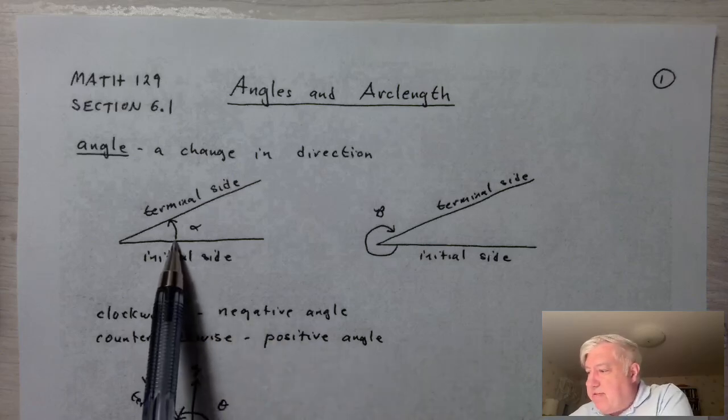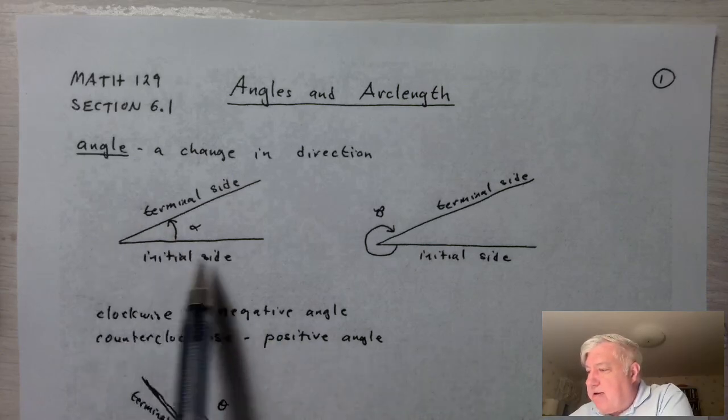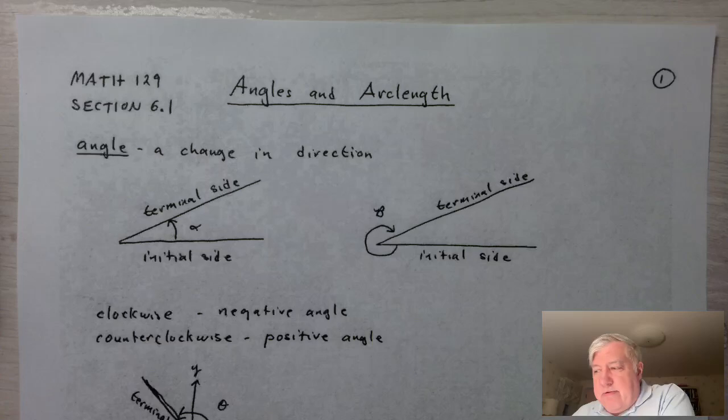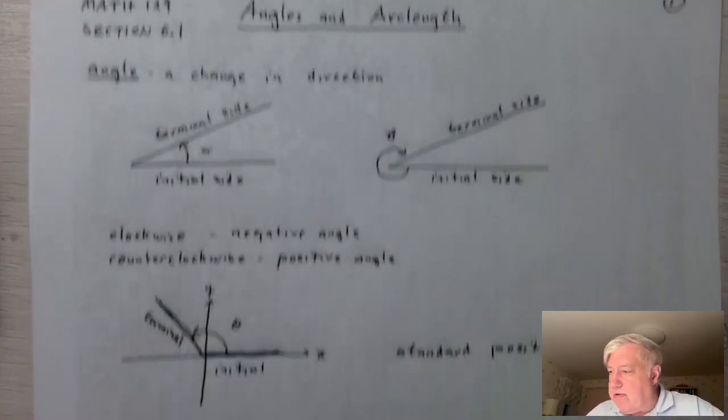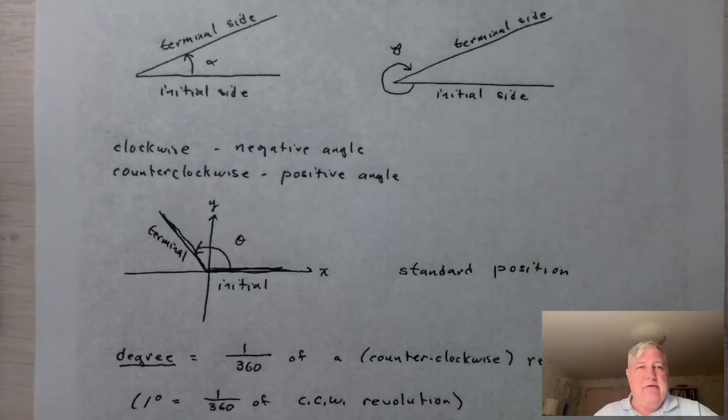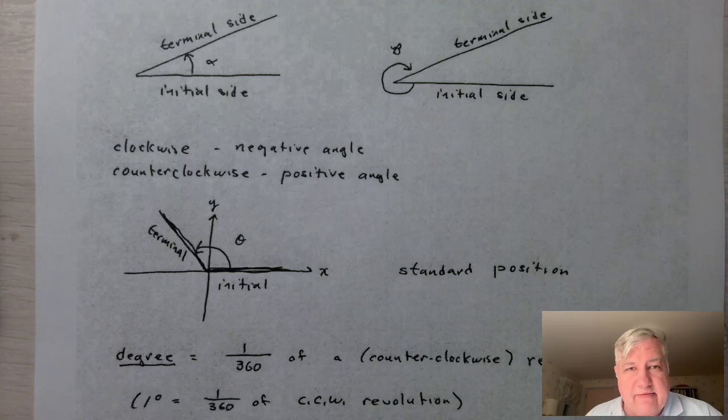In the same way, if we take alpha and subtract beta from that, we get another revolution. So that's one way to go with this. Right now, as a convention, we allow clockwise to represent a negative angle, and counterclockwise to be a positive angle. So that's just the convention.